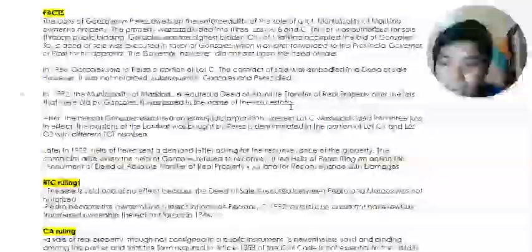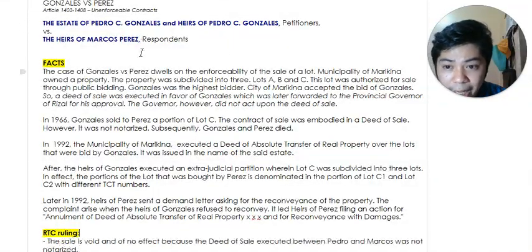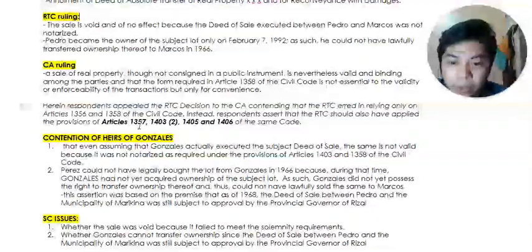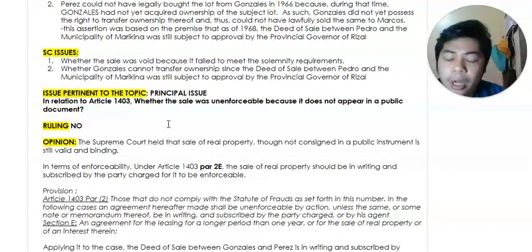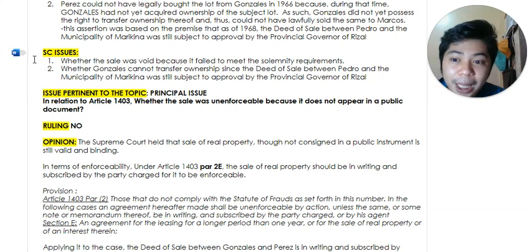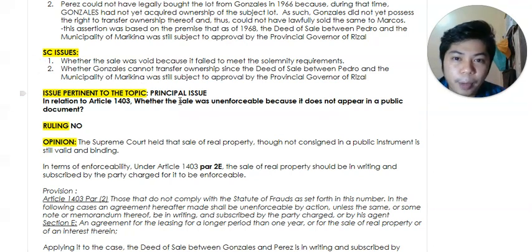Okay, again, you need to highlight the related article. As you can see, it is Article 1403 in this case. Actually, a common mistake of students in digesting a case is that they just copy the Supreme Court issues. The Supreme Court has laid down its issues, and probably at maximum there would be 5 or 6.